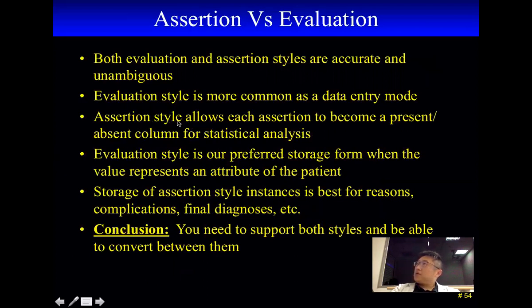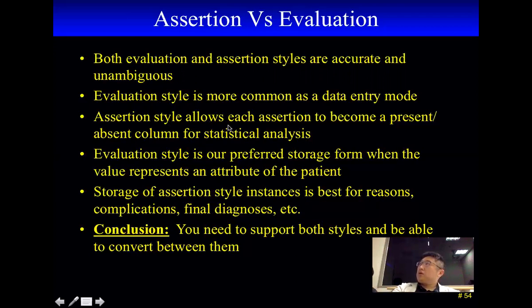I think the assertion style is what we discussed previously, how you transform the category data into binary data. Previously we demonstrated how to transform the category into binary. I think this bullet is talking about this.